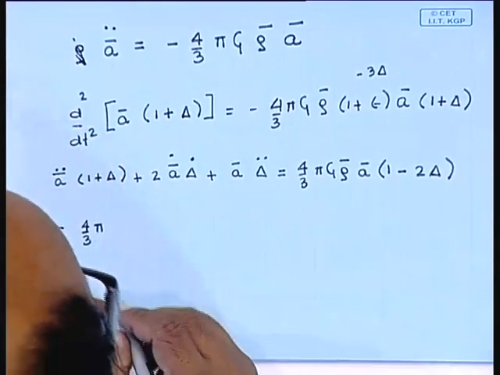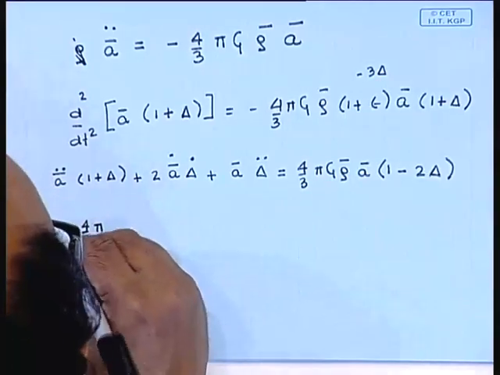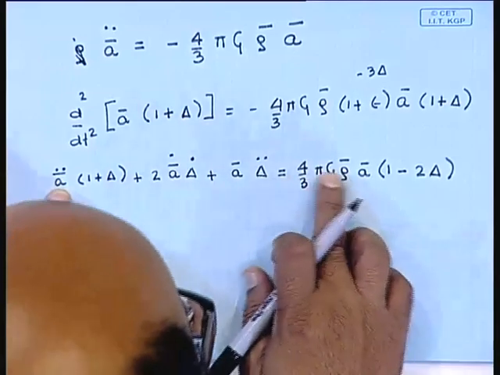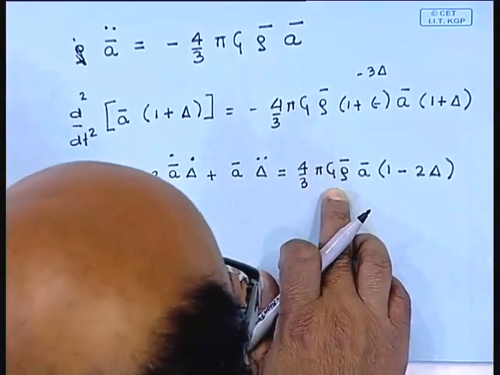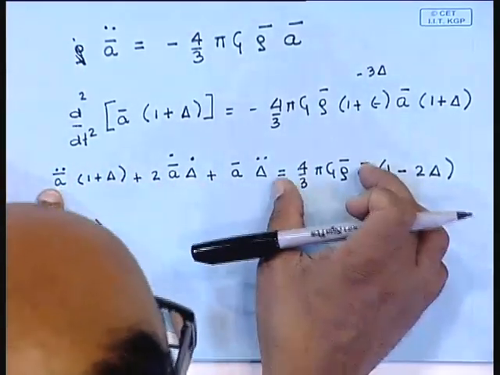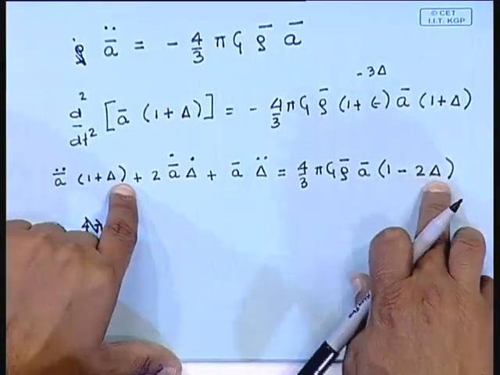This will be minus 4/3 pi G rho bar A bar, all the factors over here, into delta, and we have a term minus 2 delta on the right.